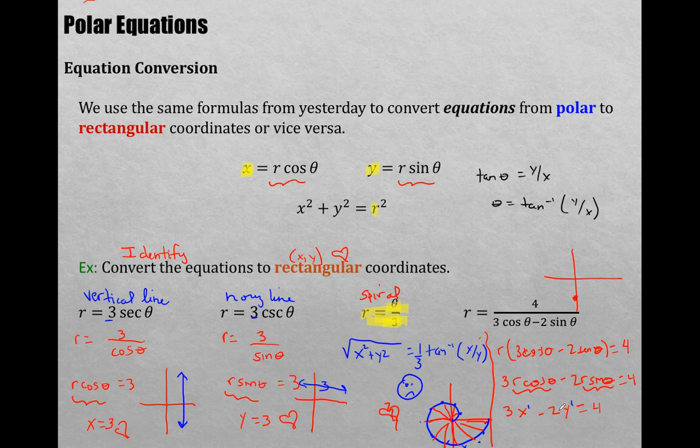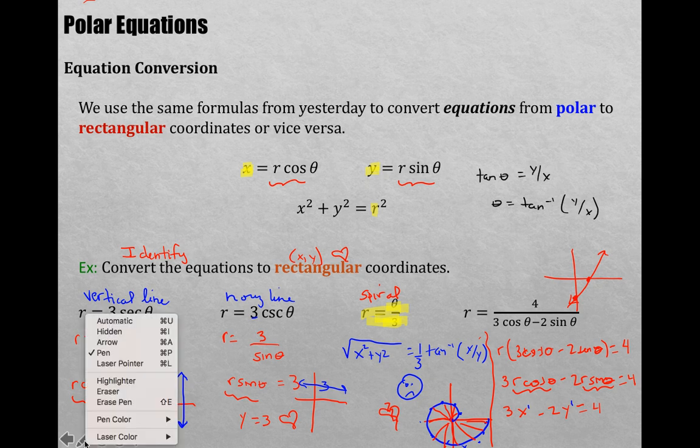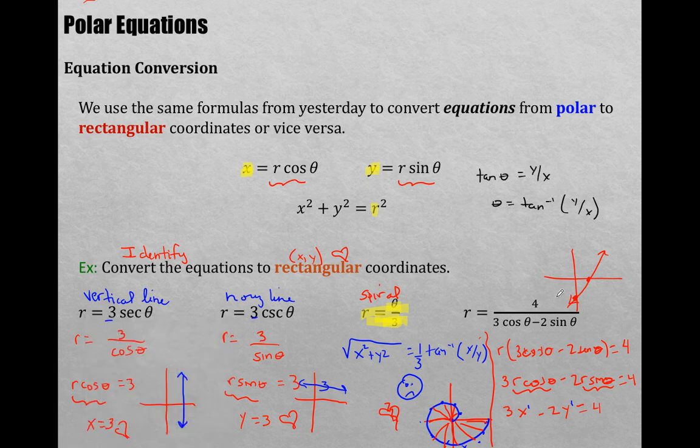When you put 0 in for y, x is 4/3. So that equation in polars was a diagonal line.